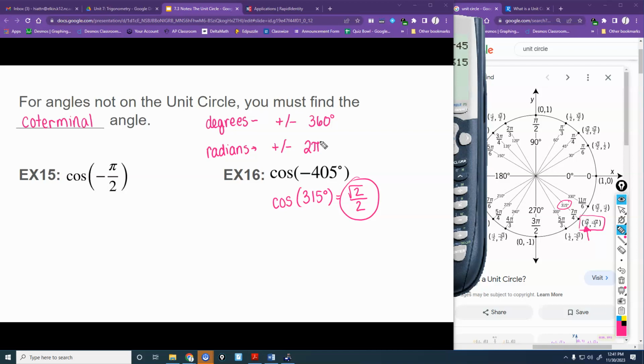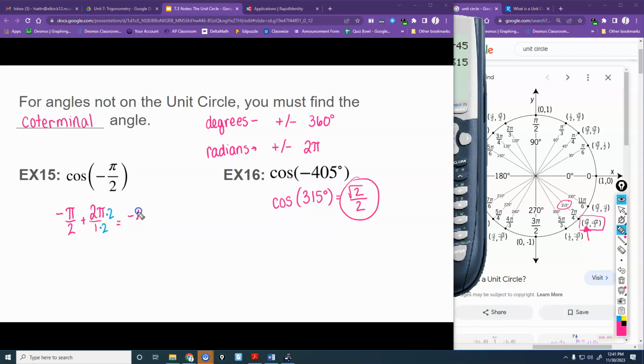So, if I want to know cosine of negative pi over 2, that is not on the unit circle. So I am going to have to add or subtract 2 pi until I get something that is on the unit circle. Since it is negative, I know I want to add 2 pi. So I'm going to do negative pi over 2 plus 2 pi. And that is like 2 pi over 1. And I must have common denominators to add fractions, so I will multiply by 2 on top and bottom there.